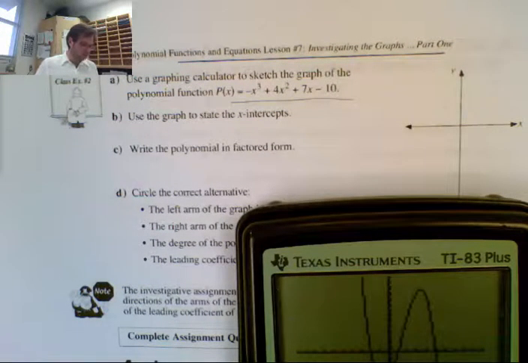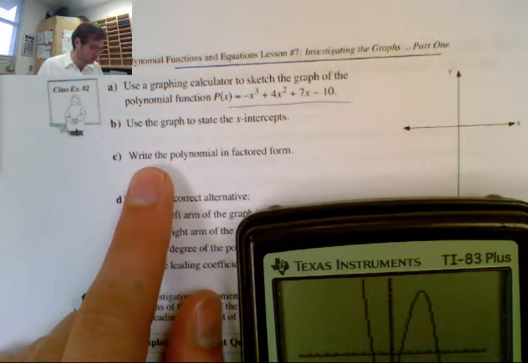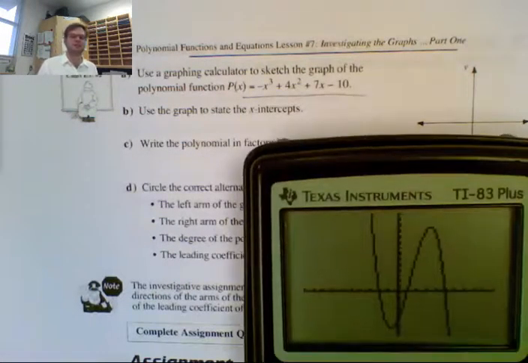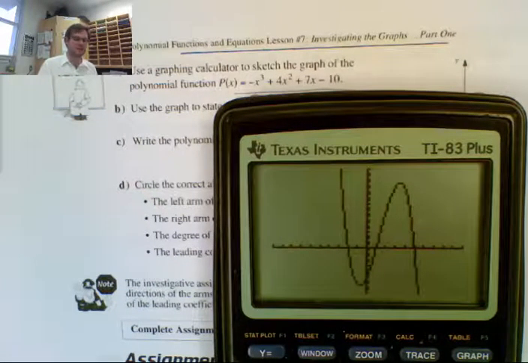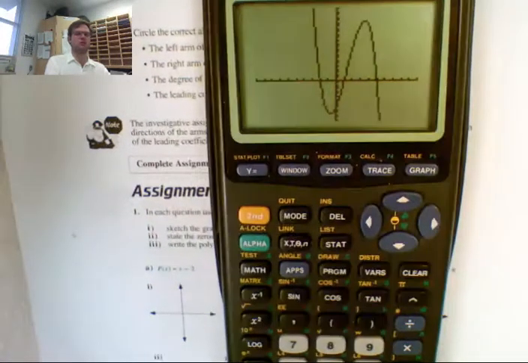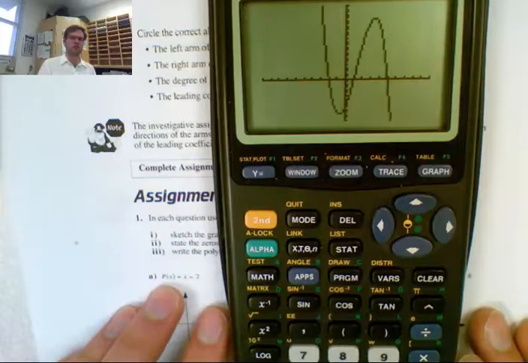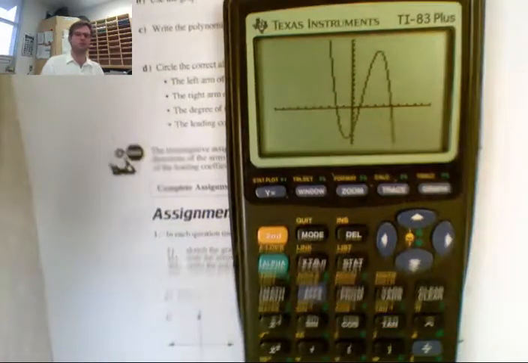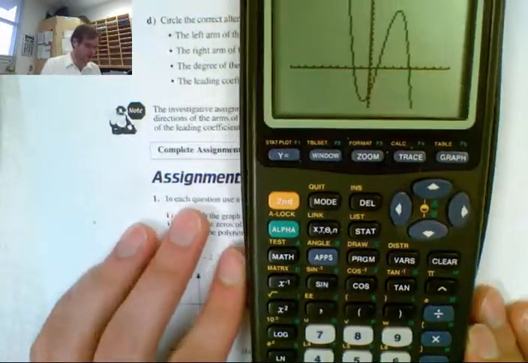Now we graphed it there, but it wants us first to state the x-intercepts of our graph. I'm going to adjust this a bit here and show you what I do for my keystrokes.